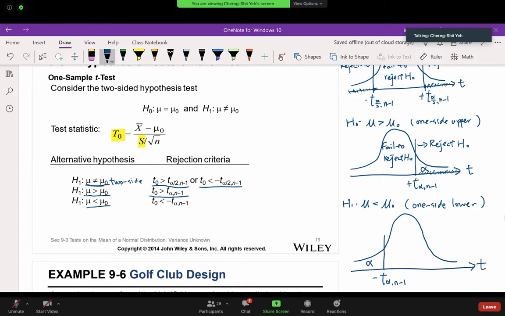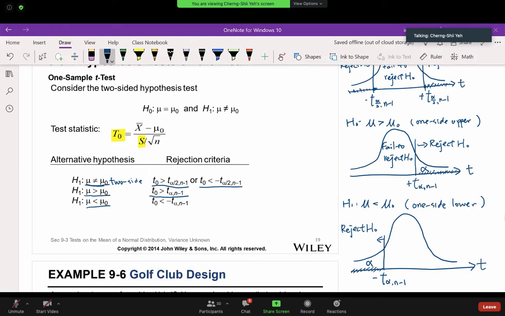What is my rejection criteria? When my test statistic is located below this critical value. So below this area will lead to rejection of my null hypothesis.